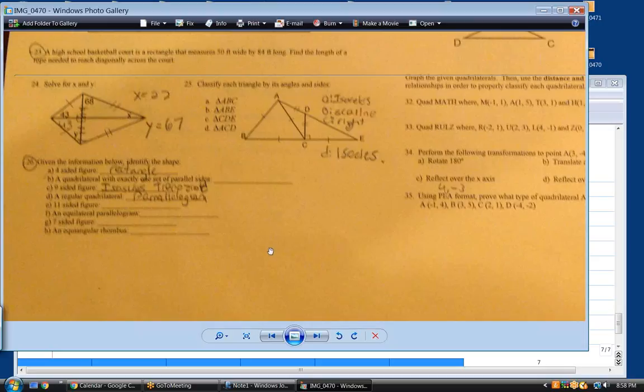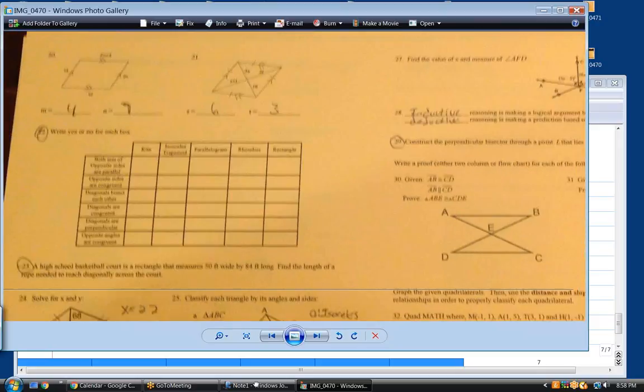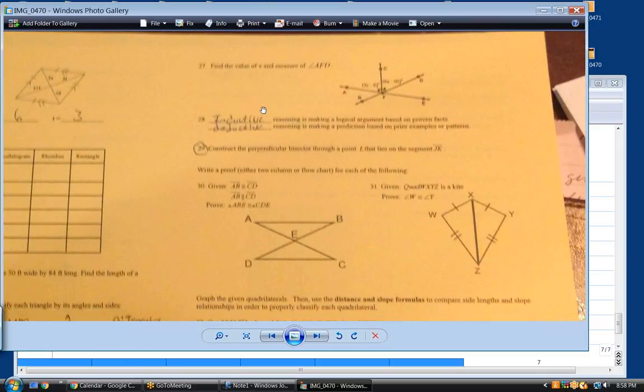Okay. 26 next? For 26, since we went over 22, which kind of dealt with 26, I think I'm pretty good on 26. Okay. So where we would go is 29. Yeah, don't worry about the time.